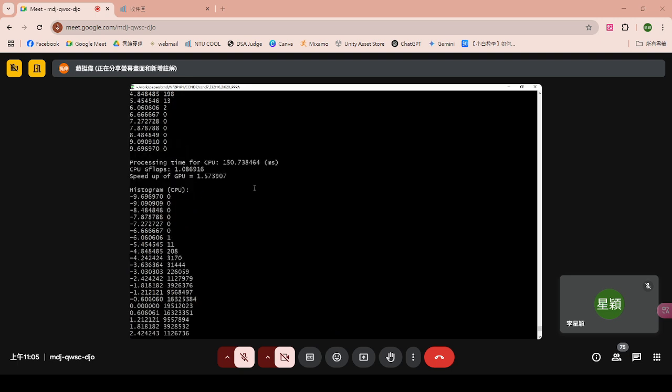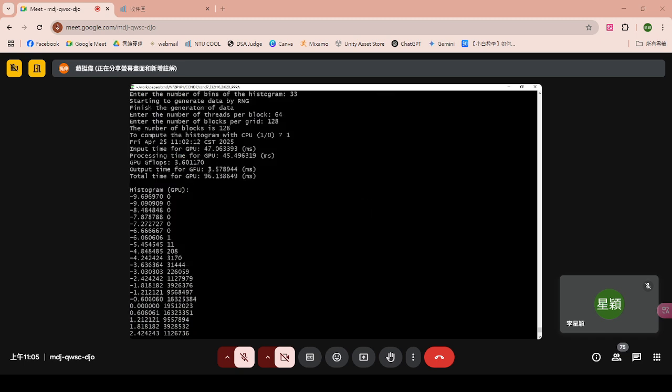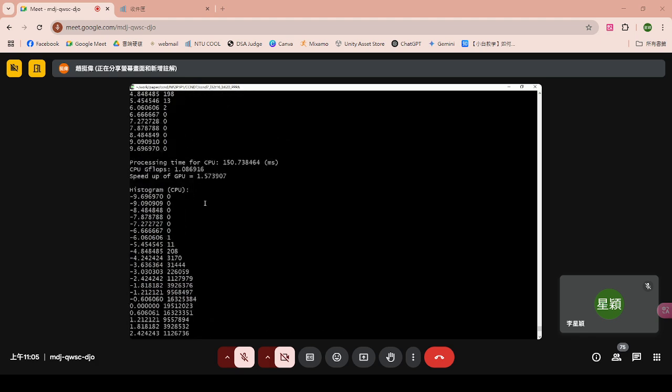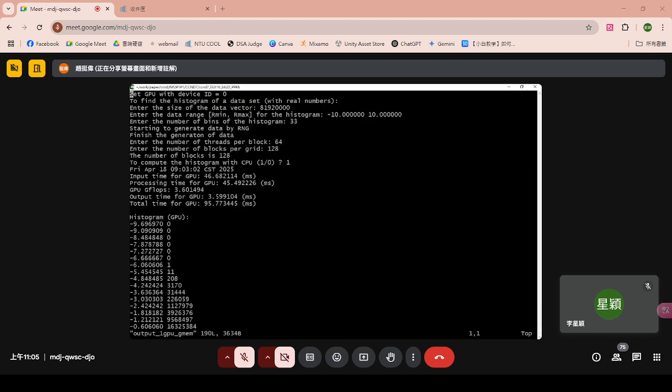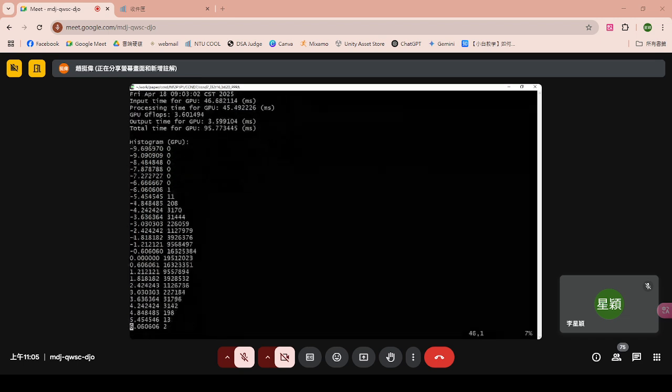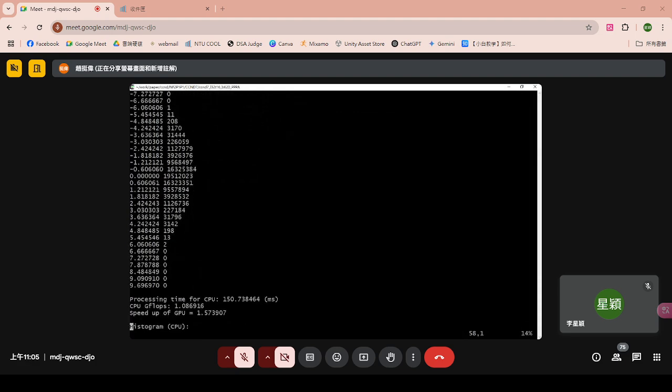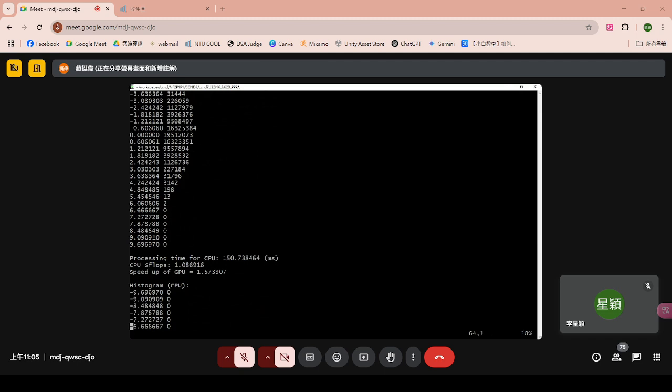The CPU and GPU actually produce the same histogram. The upper histogram is from the GPU, and the lower one is from the CPU.